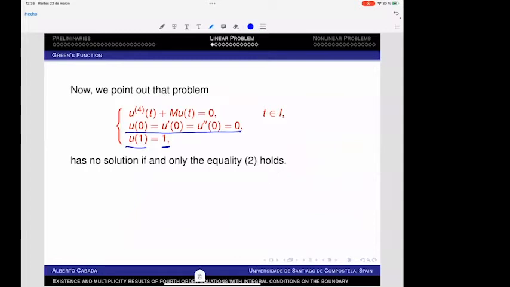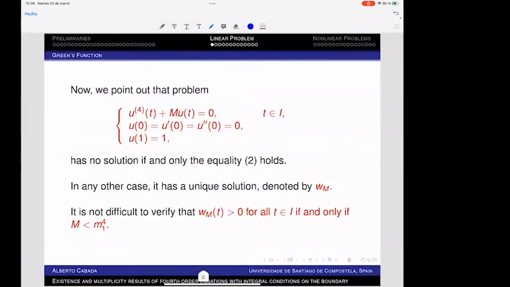There is a unique solution if and only if we are not at an eigenvalue. This is a very simple problem. This unique solution we will name w, and we can prove that for m less than m1, it is positive.